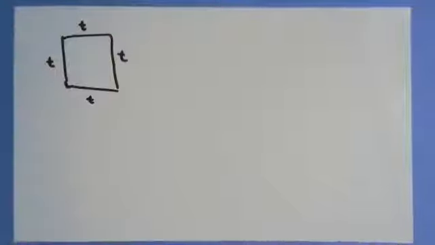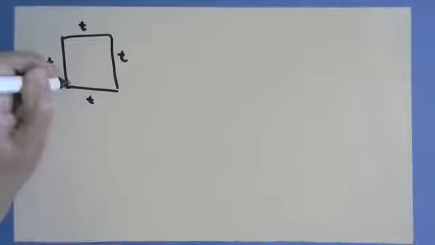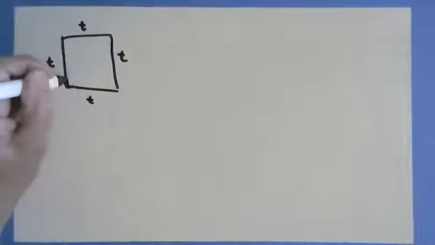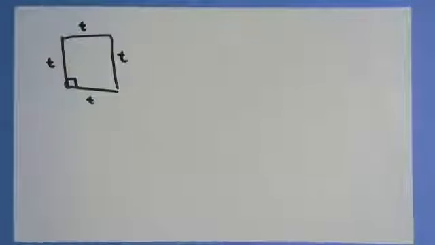Let's start with a square. And we know that squares have all the sides the same length, so they can be any length. So I'm going to call them T. And we know that squares have angles that are all the same measure, and those measures are 90 degrees.